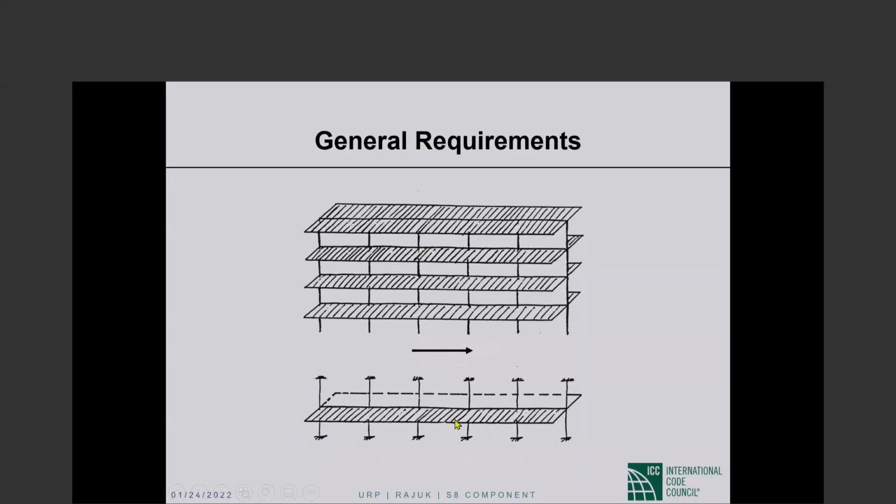These are the attached columns. The columns below will be considered fixed at the level below, and the columns above will be considered fixed at the level above. This subsystem will give you sufficiently accurate predictions of bending moment, shear forces, etc. under gravity loads. Okay, so under lateral load, this is our subsystem. This is the direction of analysis.